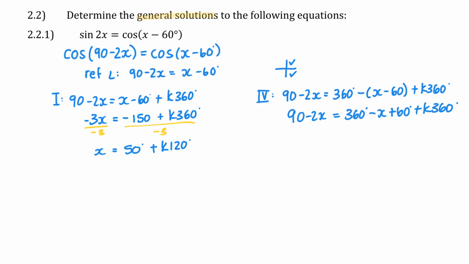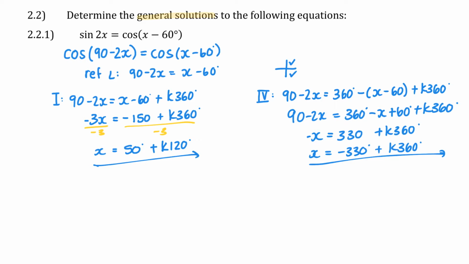So I'm going to add x to both sides, so I get negative x is equal to 360 plus 60 is 420, and 420 minus 90 is going to be 330 plus my repeat of 360. And so I get that positive x is negative 330 plus a repeat of 360. And that's my general solution. Oh, I forgot to put down that k is an integer.